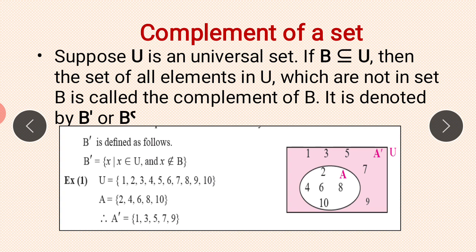Then outside of that circle, which is the complement of set A, that is A complement. A complement contains which elements? 1, 3, 5, 7, 9, and then your Venn diagram is also completed.